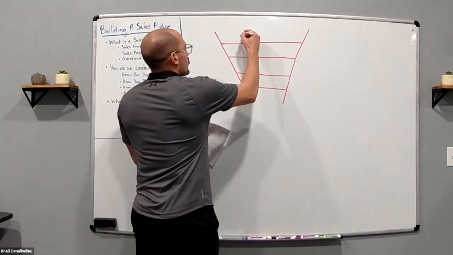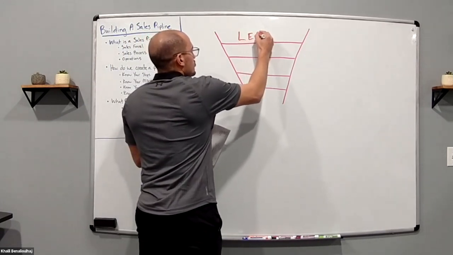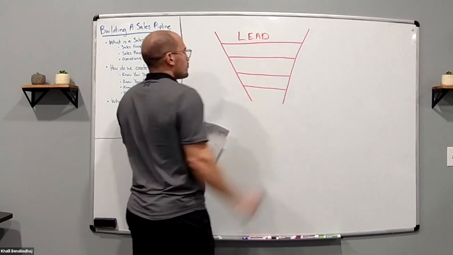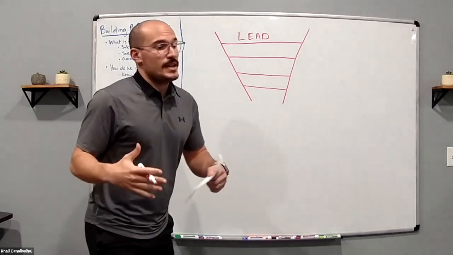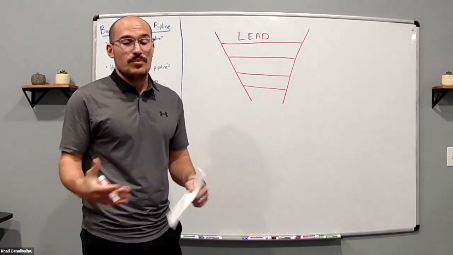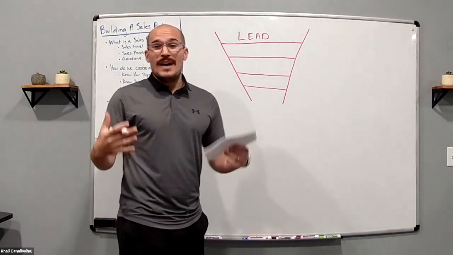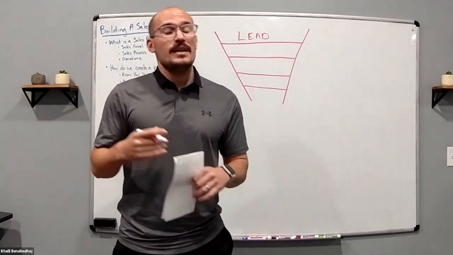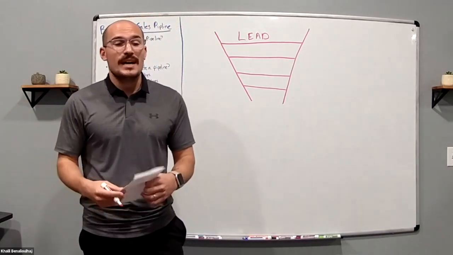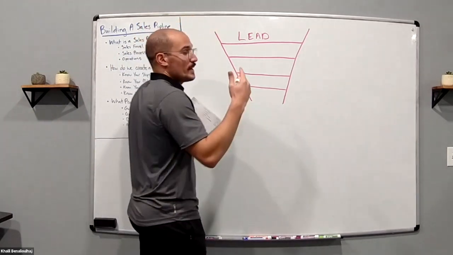So at the top, we're going to have a lead, right? We all know what a lead is. It's someone who we think is going to be a customer at some point, who has the potential to buy. I like to take it a step further. If you have really good marketing, if you're getting leads calling you directly, if you're getting people to fill out forms on a website, this is really good marketing because it generates leads.